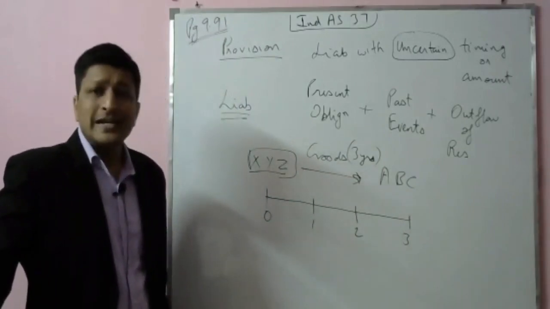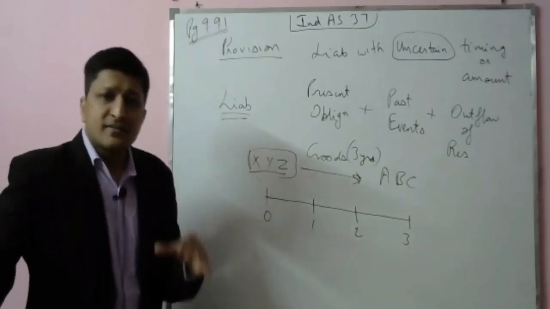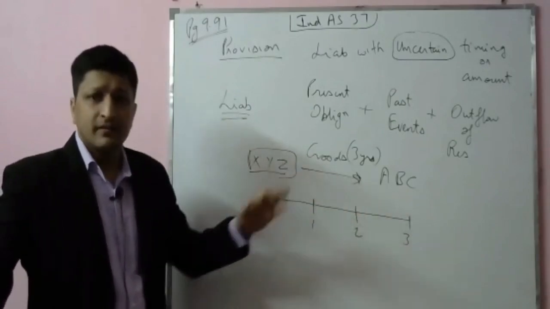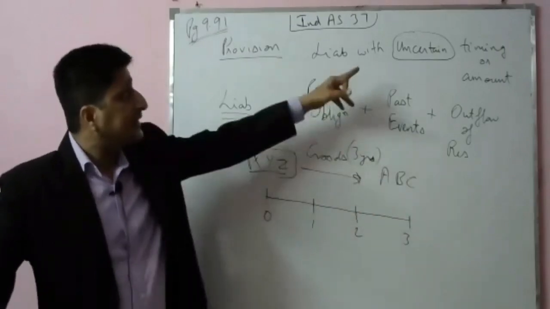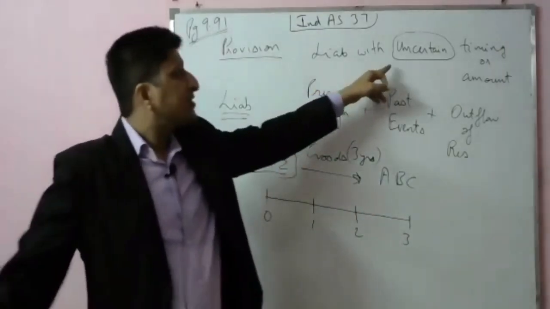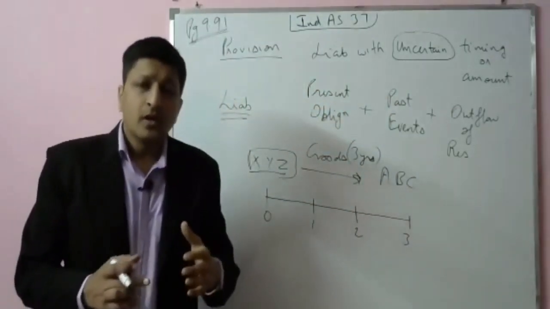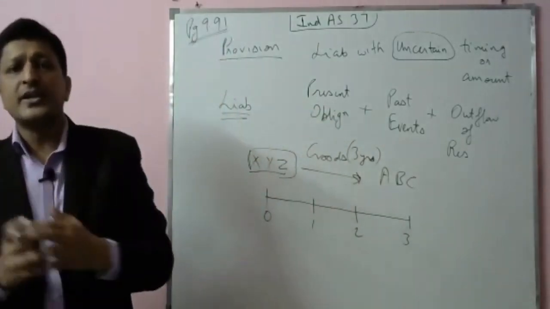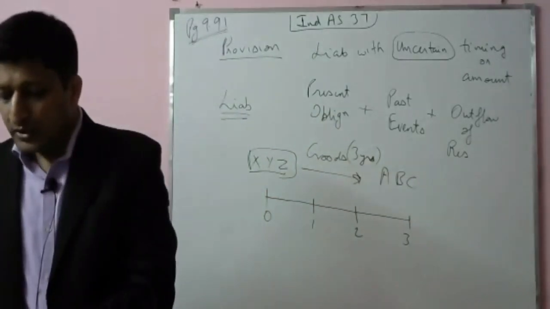Now let's try to understand this obligation which arises on XYZ. First of all, let's think about the timing. Can XYZ today, when the product is delivered or sold, know with certainty at what time this warranty obligation would arise? All of you, quickly, over to you. What do you think?